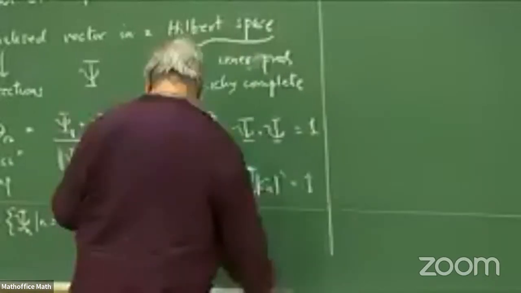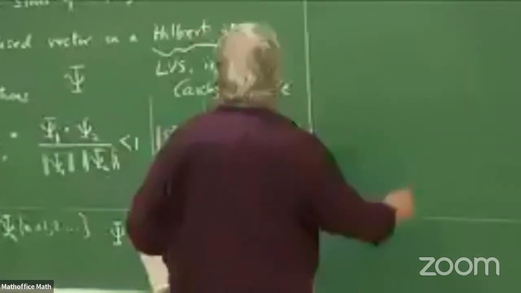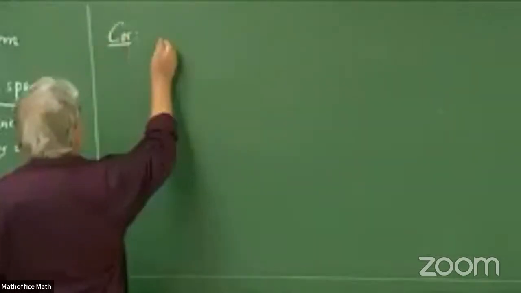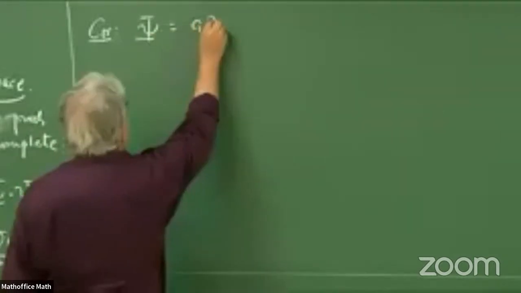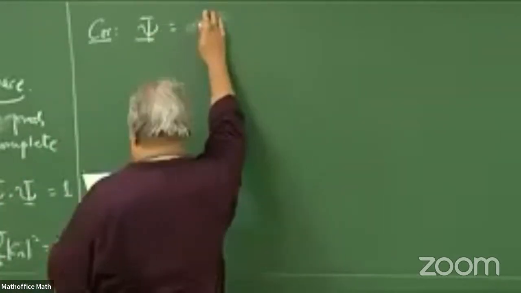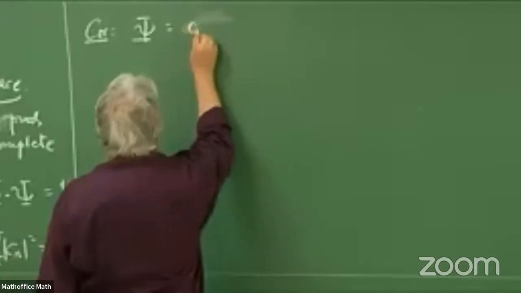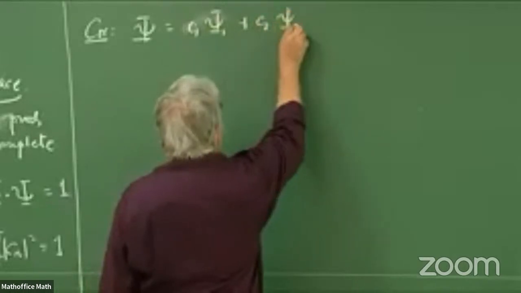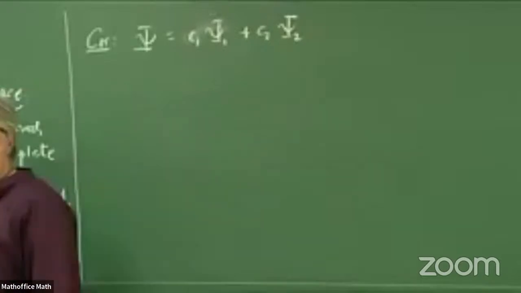So that's my normalized state. Now, because it's a Hilbert space, if you take two states and you add them in a linear combination, then it is also a dynamical state.